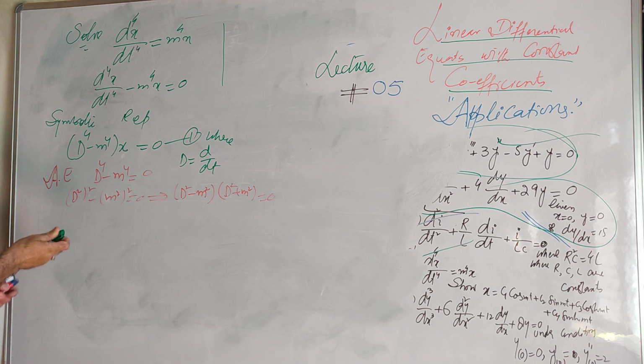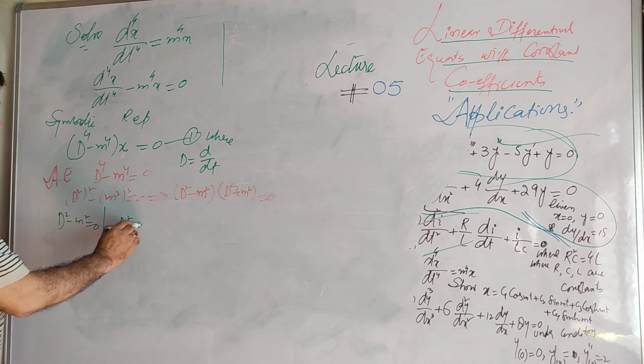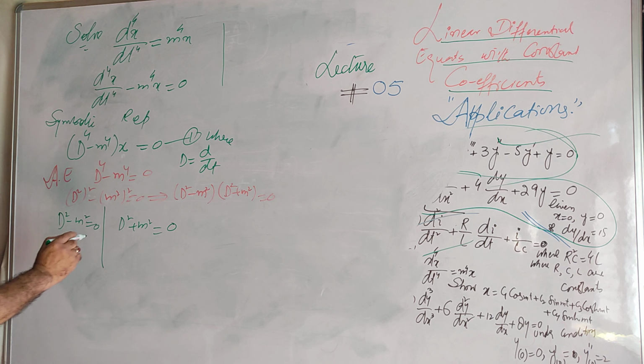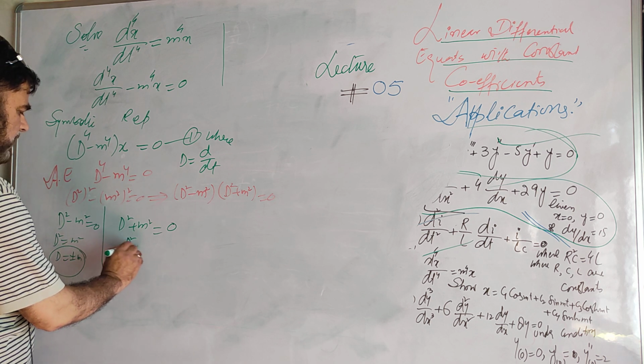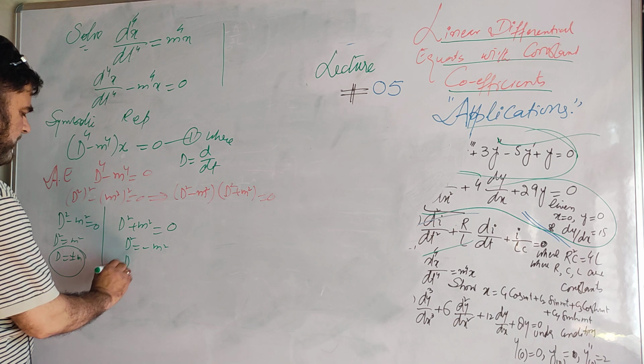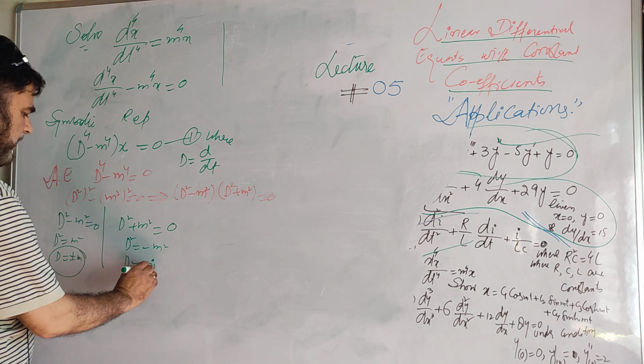Now when you take d square minus m square 0, d square is equal to m square, that is d is plus minus m. When d square plus m square is 0, d square is equal to minus m square, d is plus minus iota m.